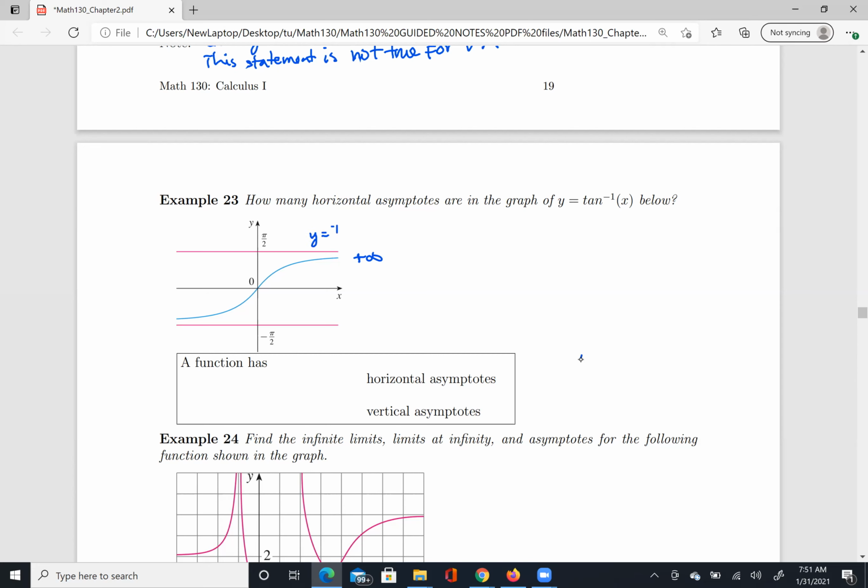So you can say the limit of f(x) when x goes to positive infinity will be equal to pi over 2. Okay. So far so good.